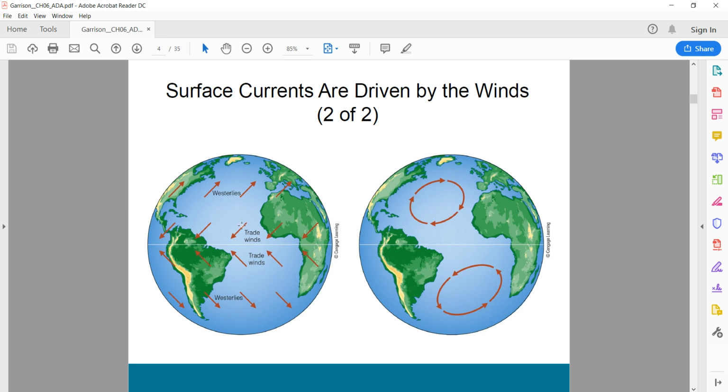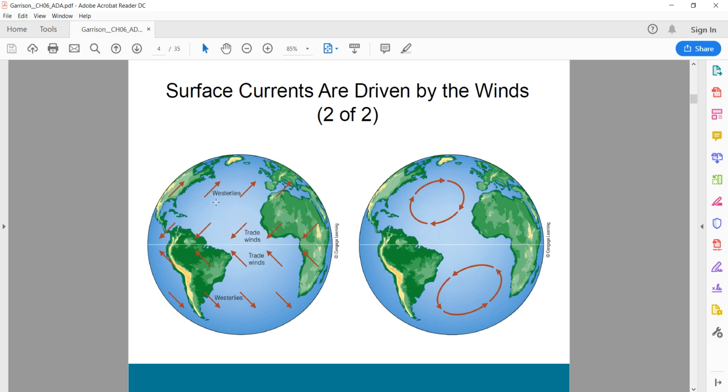In the northern hemisphere, you can see you have easterly winds and then westerly winds. If we put ourselves in the middle of the ocean, on your right it is east, so the easterly winds come from this eastern shoreline. On your left it is west, so the westerly wind originates from this side. So we call it easterly and westerly.